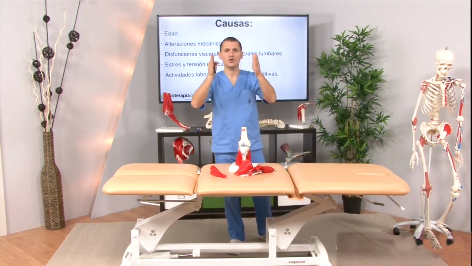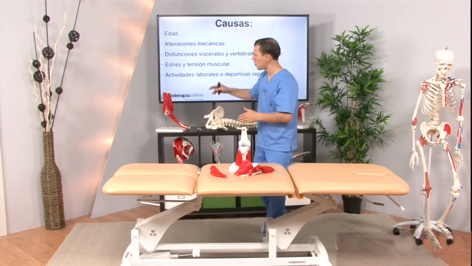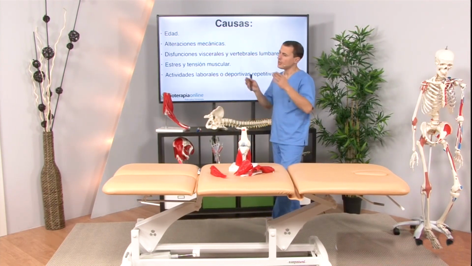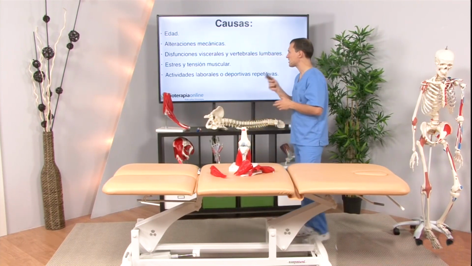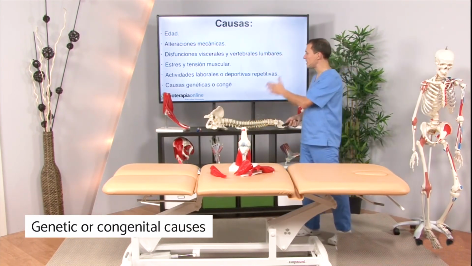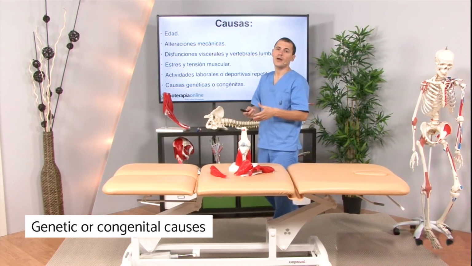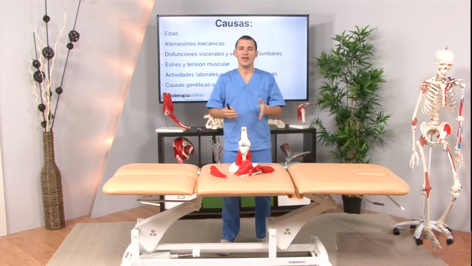And finally, genetic or congenital causes. Well, there are occasions when cartilage may be thinner in some people. Well, we have to mention it because many people are interested in genetic causes.